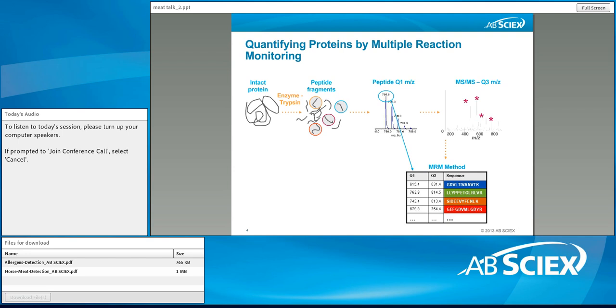This will give you a sequence of peptides, and then from these peptides you can go back to the literature and search to make sure that they are unique to the species and unique to the protein. This is really important because what you don't want is to have false positives with species identification. So you really want to make sure that these peptides are unique.